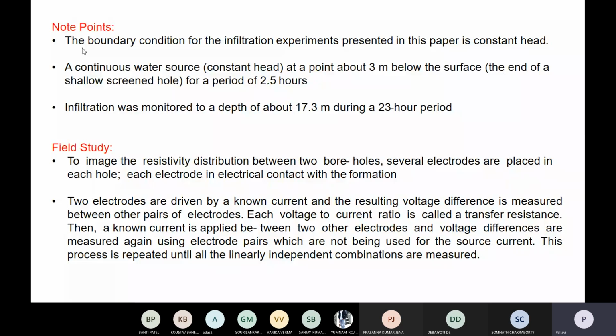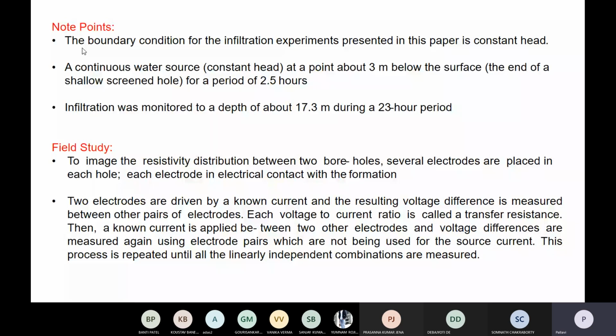If you are doing an experiment for the saturated zone, for example recharge estimation, then you need to put saline water so that you can see the resistivity contrast, and only then can you interpret your image. Otherwise, if there is no resistivity contrast, it will be very difficult for the interpretation part.